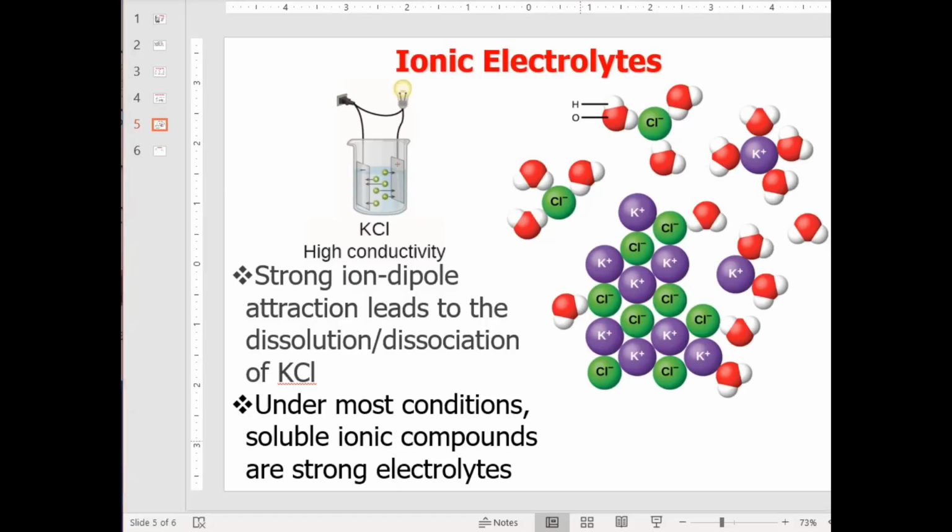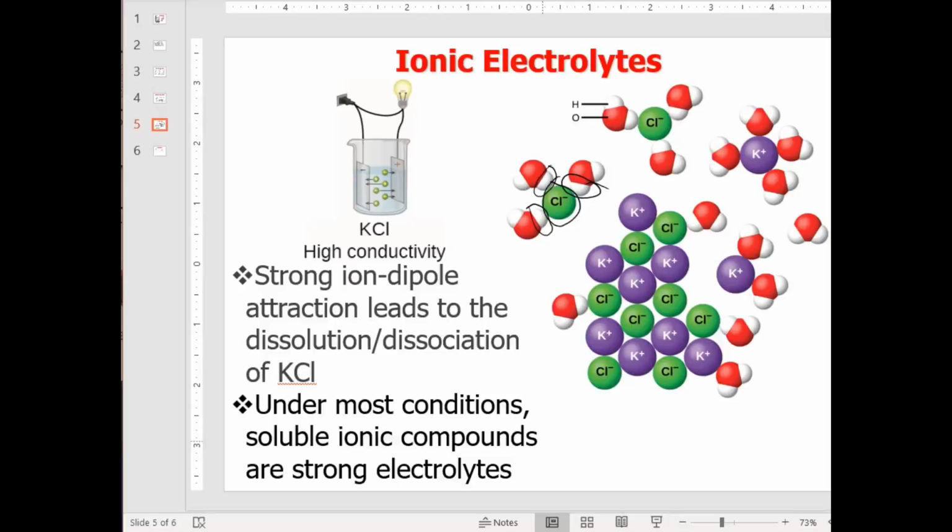Potassium chloride is a strong electrolyte. Why is that? Here's why. When dissolved in water, chloride ions are surrounded by partially positive charged hydrogen atoms. These are all partially charged hydrogen atoms.